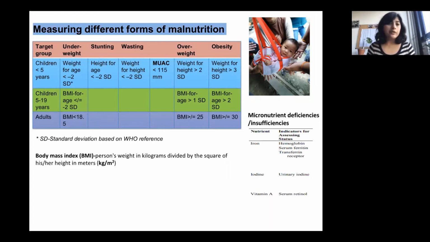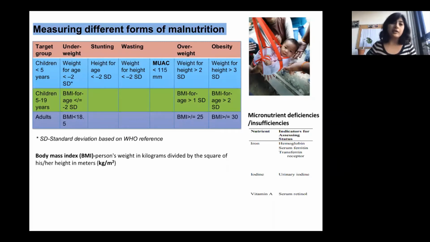For example, for underweight in children less than 5 years of age, if the weight is below -3 standard deviations from the median weight for his or her age, it's underweight.